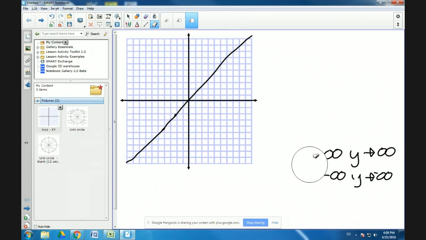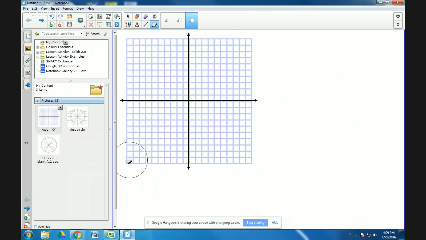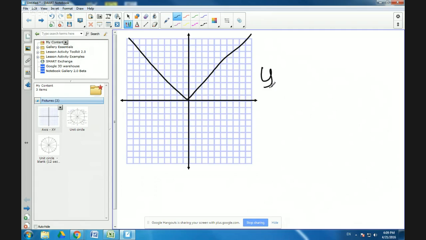Our next one is going to be absolute values. And what an absolute value function looks like is this. What this graph represents right here is y equals the absolute value of x.